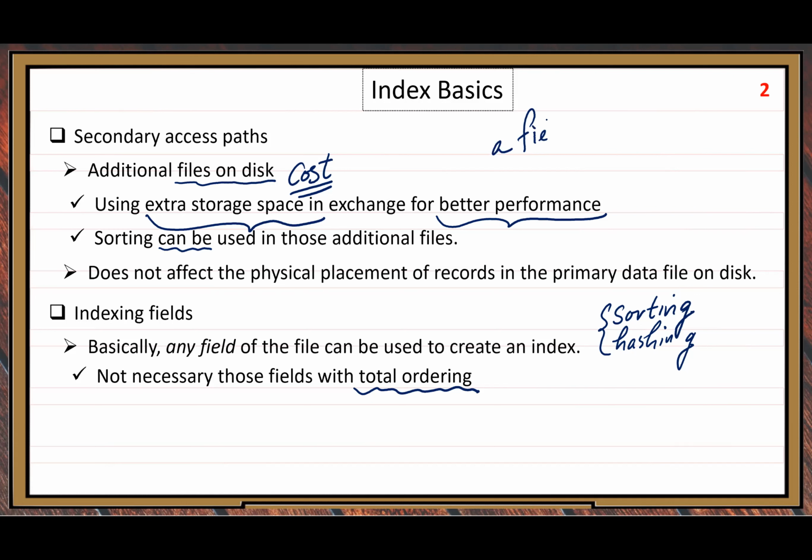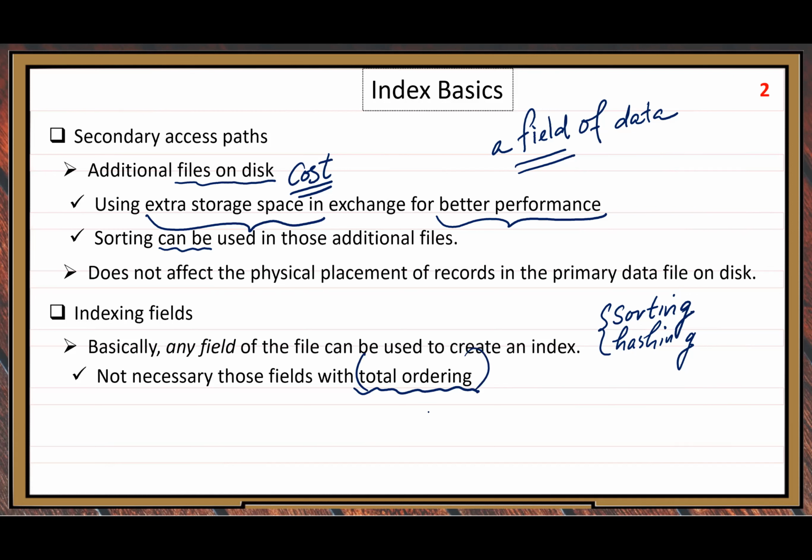A field of data. When we talk about ordering, usually we talk about a particular field, such as birthday, age, or social security number. Then we have this concept, total ordering.